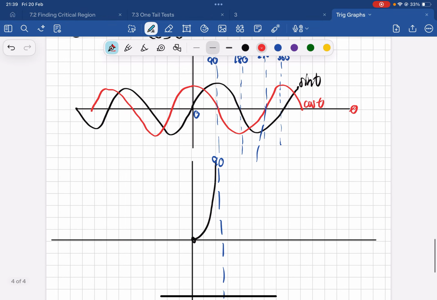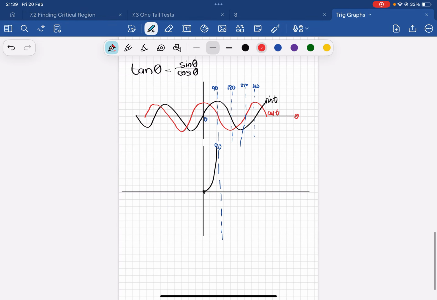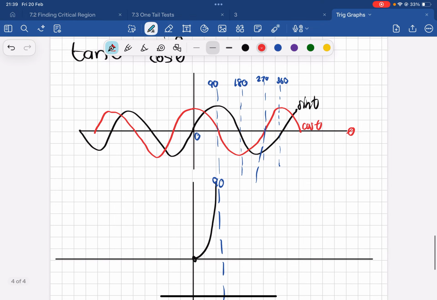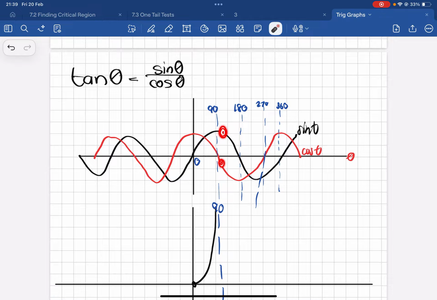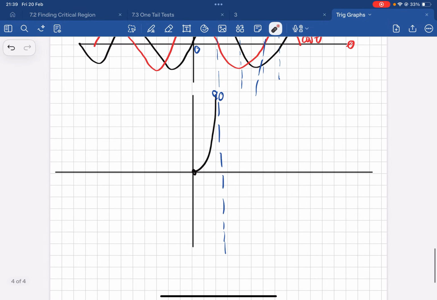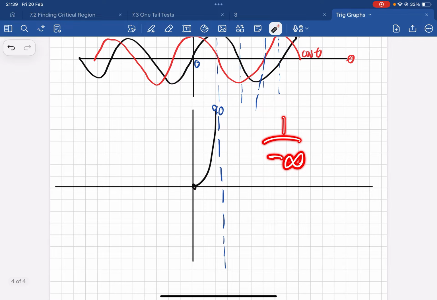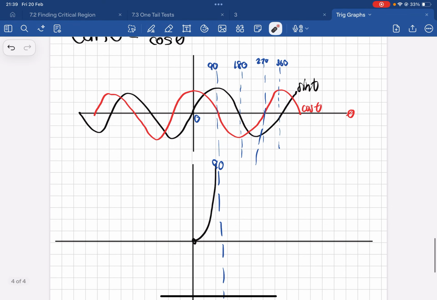Now let's check between 90 and 180. Just after 90, we've got a value of approximately 1 over a number that's negatively infinitely small. So instead of starting at infinity, we start at negative infinity, because 1 over something that's negative, let me repeat that again.